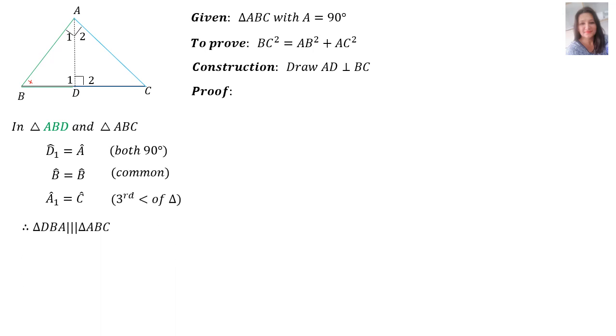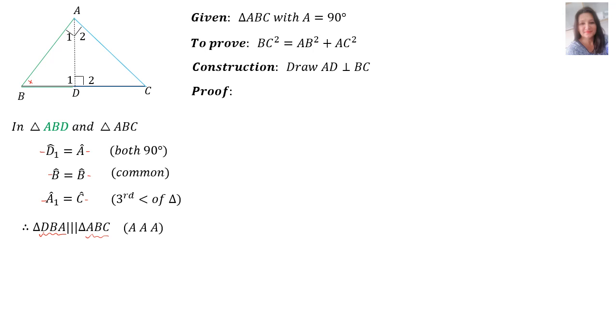So now we can say that triangle DBA is similar to triangle ABC. And please note the order in which you write that. DBA, can you see DBA similar to triangle ABC, the correct order, and then your reason, angle, angle, angle.